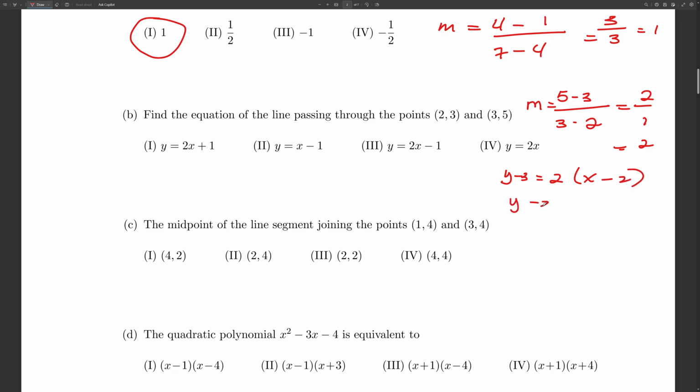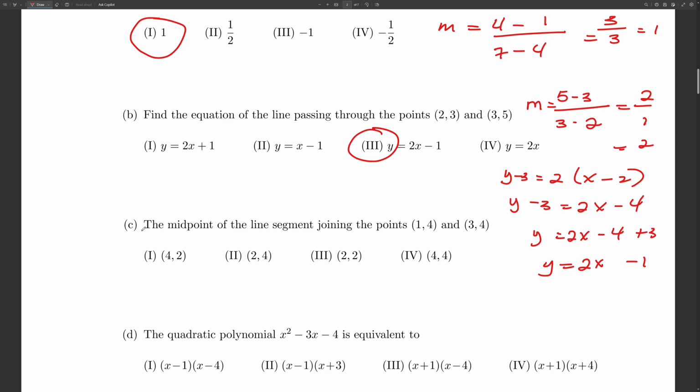So y minus 3 is equal to 2x minus 4. Make y the subject of the formula. It's 2x minus 4 plus 3. So y is equal to 2x minus 1. So my answer here is part 3. Y is equal to 2x minus 1 is my answer.